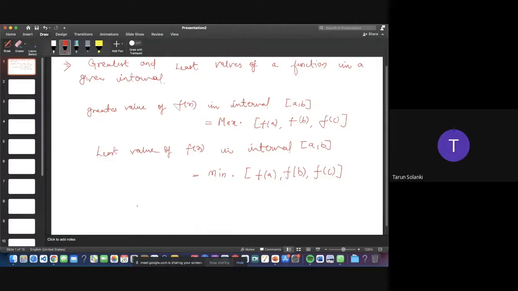Okay, so where x equals c is a point such that f dash c is equal to 0. Okay, so quickly copy this, then we will take one example.